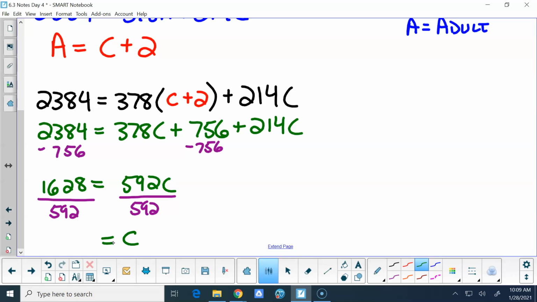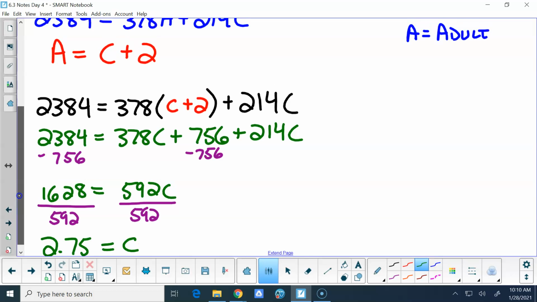What do we get? 2.75? First spot check: does that make sense in terms of money? Yeah, okay, it makes sense in terms of money. All right, that's good.